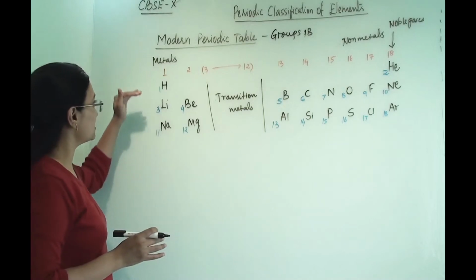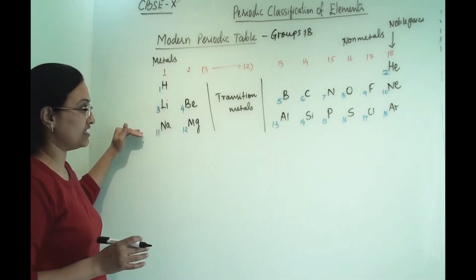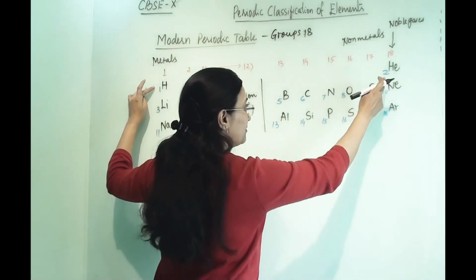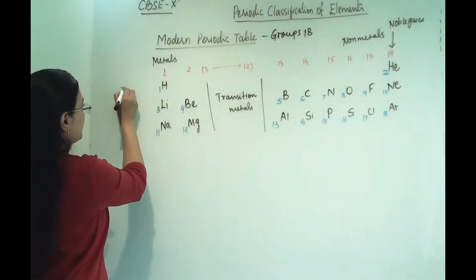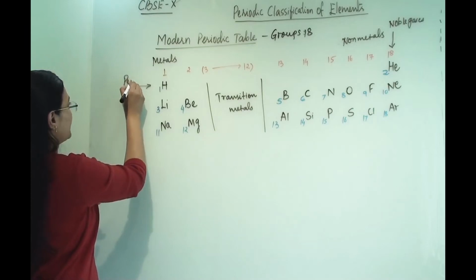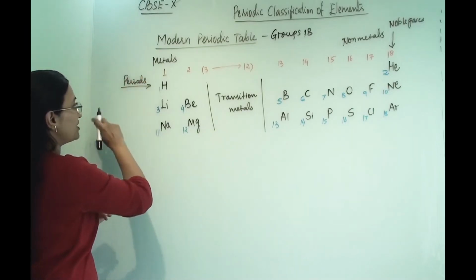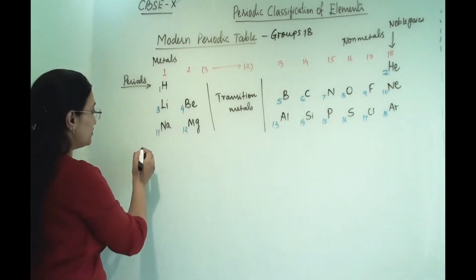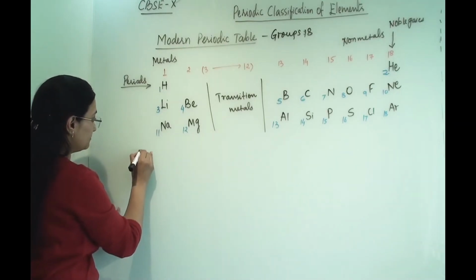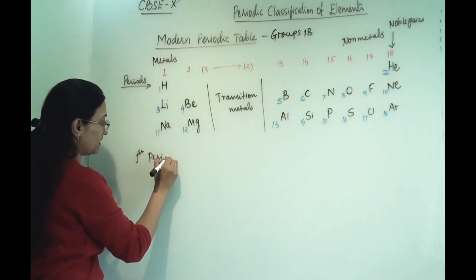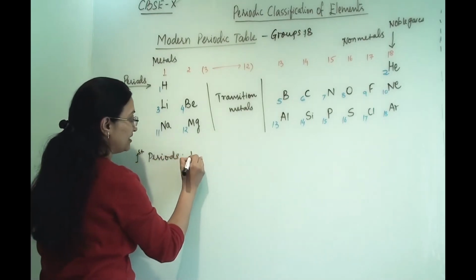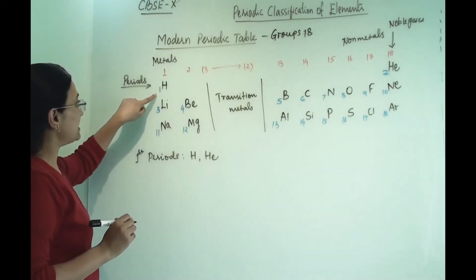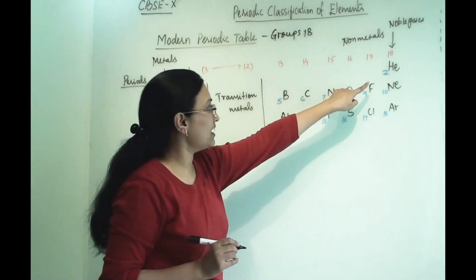Now let us first understand how they have been arranged. First we take hydrogen and then helium. All the horizontal rows are known as periods. In the first period there are two elements, hydrogen and helium. Their atomic numbers are 1 and 2.